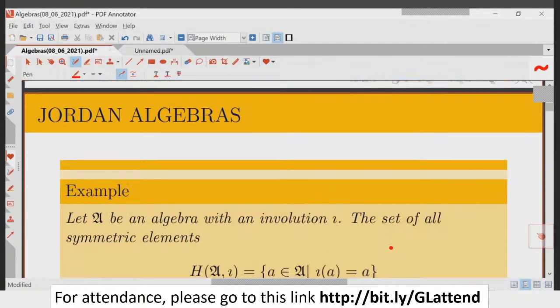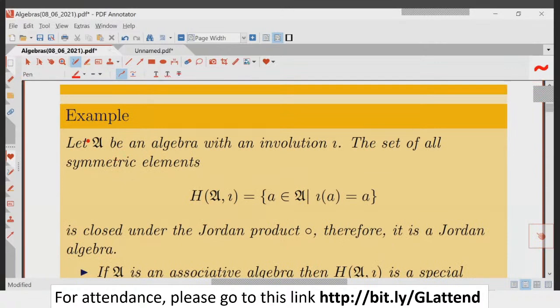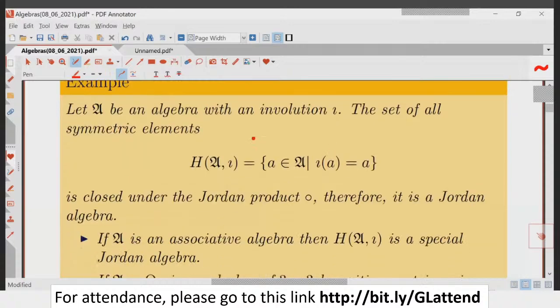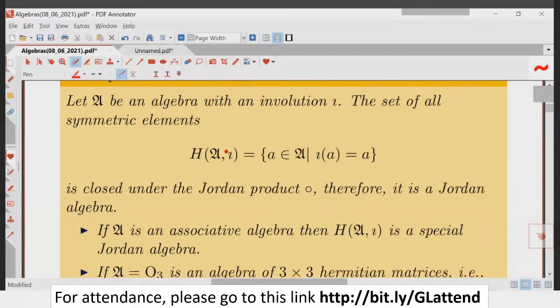Here is such an example. Take an algebra A with an involution i. If we take the subset of this algebra, the set of all symmetric elements, it is closed with respect to the Jordan bracket, so this is a Jordan algebra.